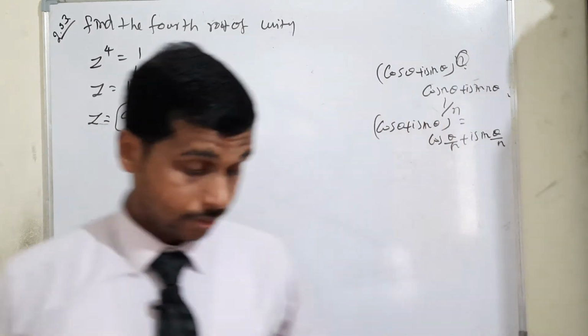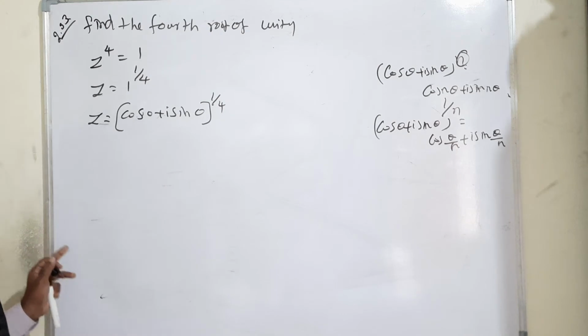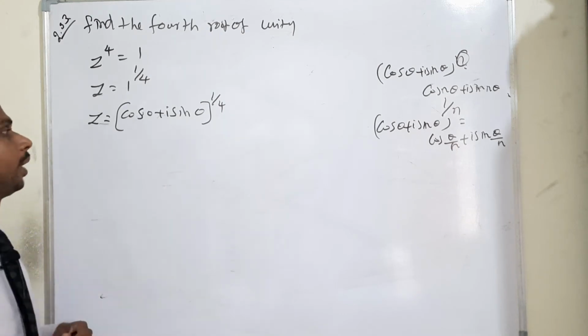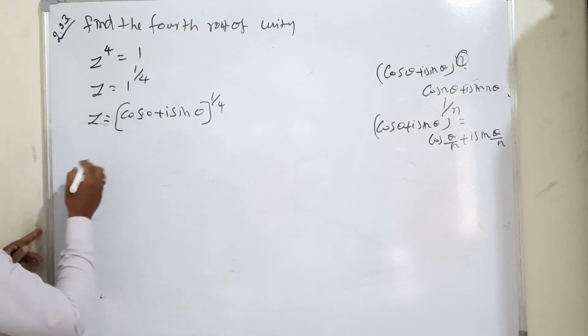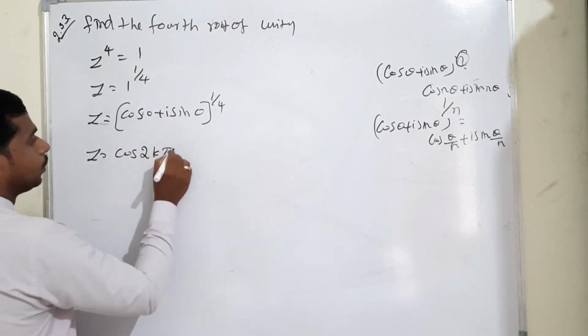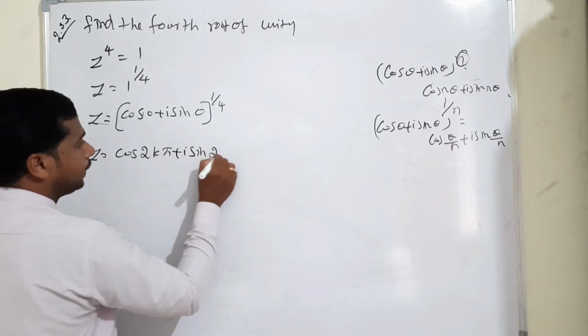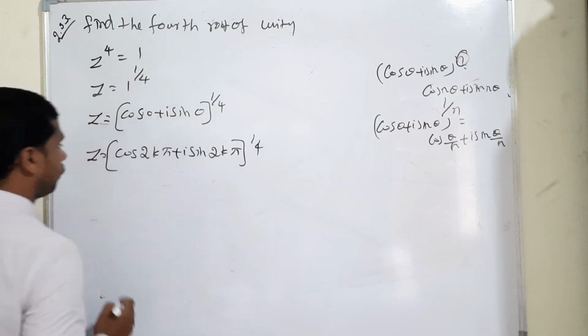So how to replace it? First we have to write the general term of polar form. What is the meaning of general term? Add 2k pi. There already 0 is, so 2k pi plus 0 means 2k pi only will come. Therefore Z is equal to cos 2k pi plus I sin 2k pi, the whole power of 1 by 4.